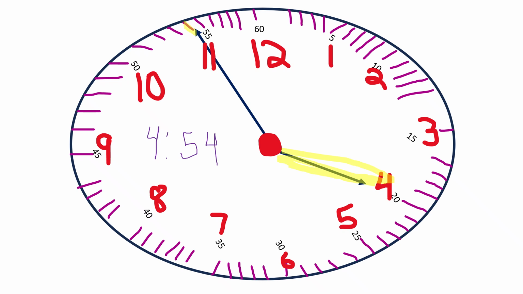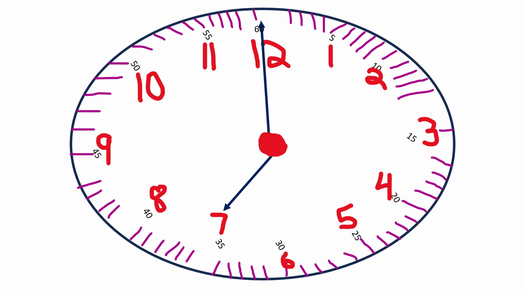Okay, let's do another one. Shorter hand is right here. Seven o'clock. Okay, now if you saw the difference in the other clock with the 7 here, the shorter hand, and this isn't it.